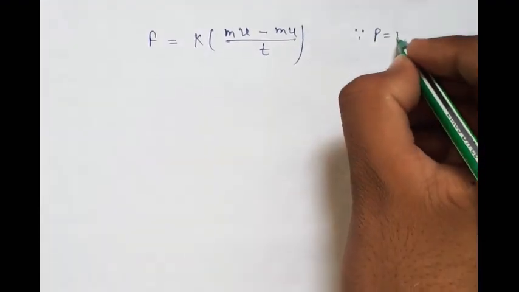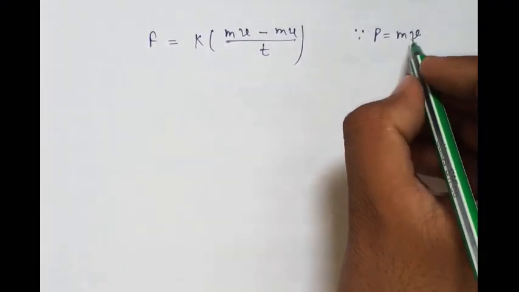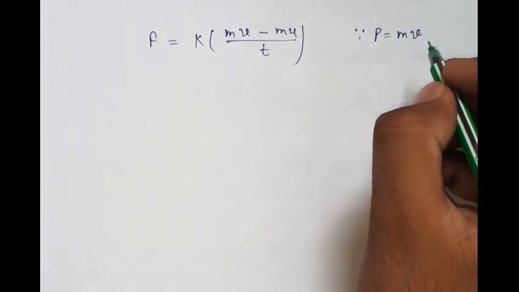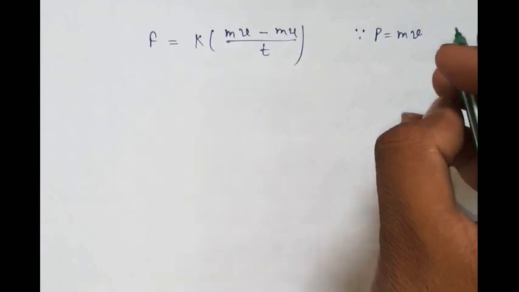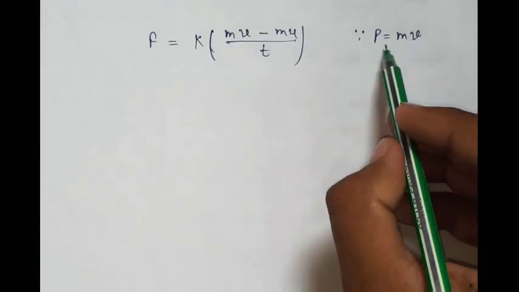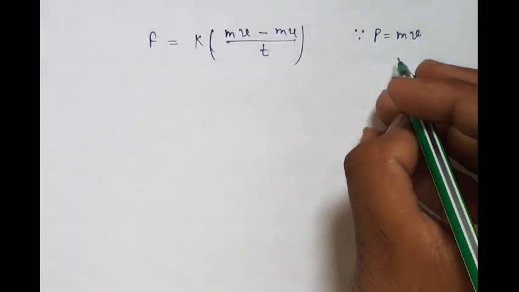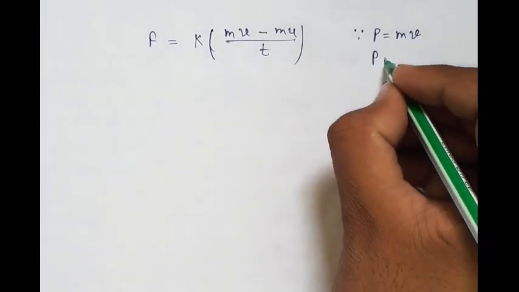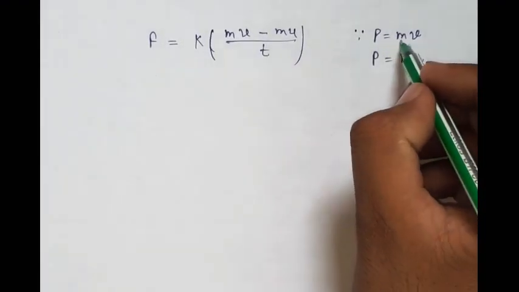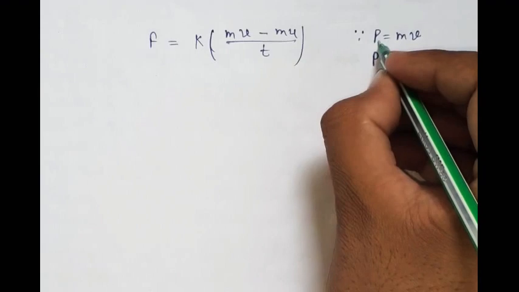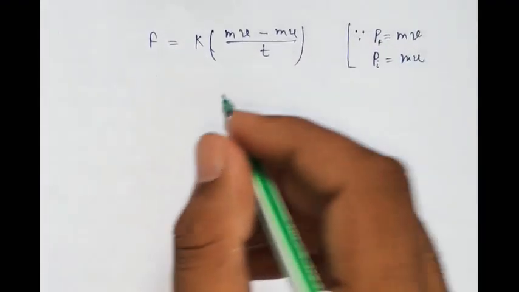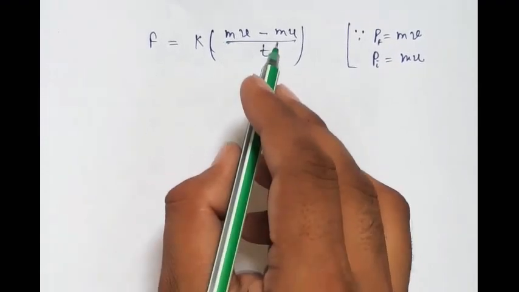If the object starts with an initial velocity u, then the momentum p is equal to mu for initial velocity and p is equal to mv for final velocity.